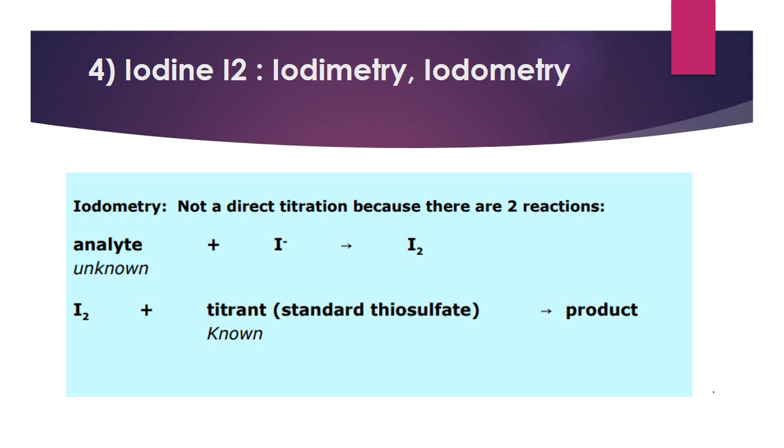Because there are two reactions. The first is the reaction of the analyte plus I-, iodide, which liberates iodine, for example with potassium iodide acting as the reducing agent on the analyte whose unknown concentration we want to determine. This iodine is then titrated with a standard solution, thiosulfate, of known concentration, which gives a product. So two types of reaction are involved in iodometry, and that is why it is known as indirect estimation, or indirect titration.